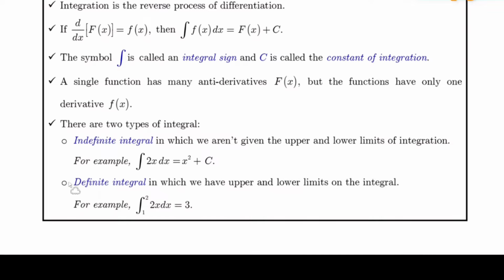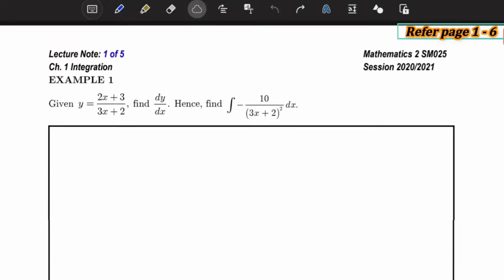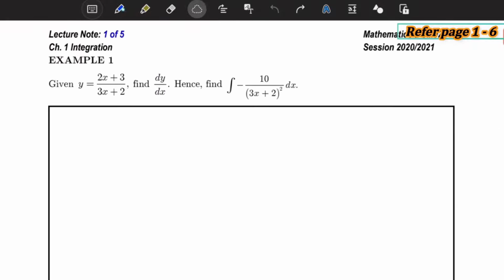The second one is the definite integral, in which we have the upper and lower limits, and the final answer will be a number. No more c, the integral constant. Okay, we go to example number 1.